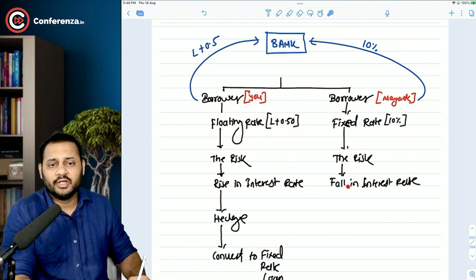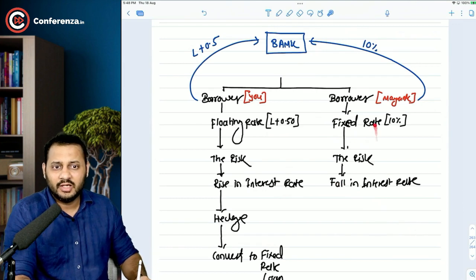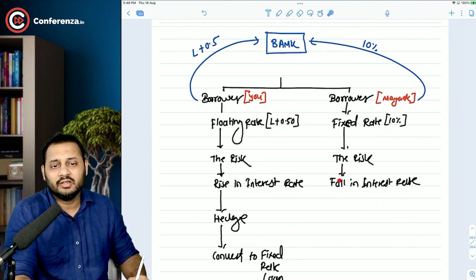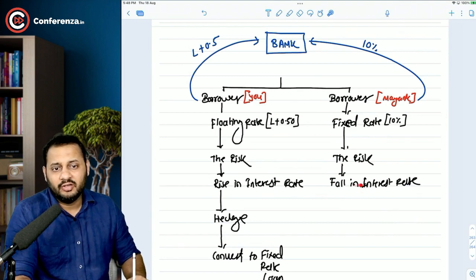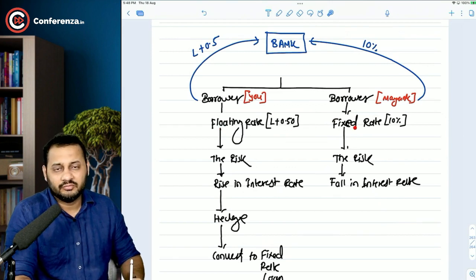So when the floating rate is going down, the interest rates in the markets are going down, I will still pay 10% fixed. So I don't want to pay the extra amount when I cannot take the benefit of falling interest rate. A fall in the interest rate is good for the people who have taken a floating rate.